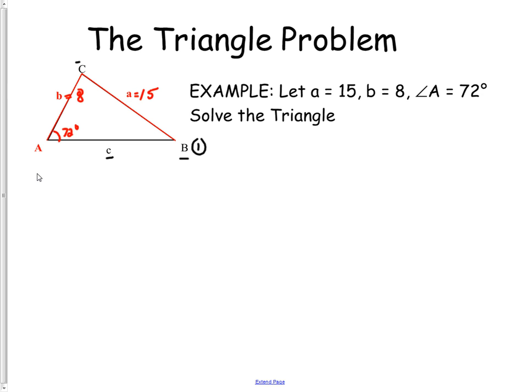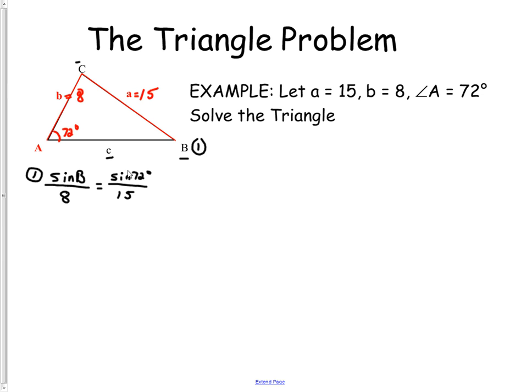We can start off by stating that if we want to find this angle B, we know that the sine of the angle B, whatever it is, divided by the length of its opposite side is going to be equal to the sine of the given angle A. So we'll take the sine of 72 degrees and divide it by the length of its opposite side, which is 15.